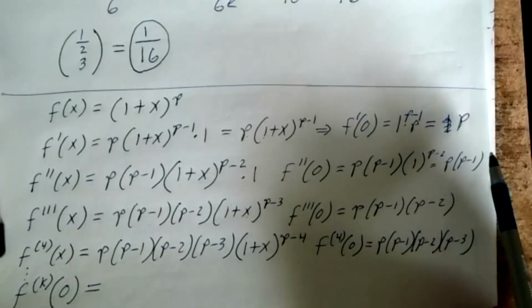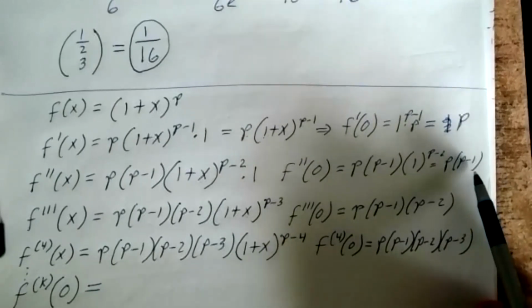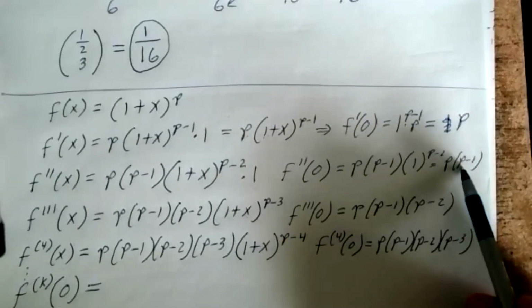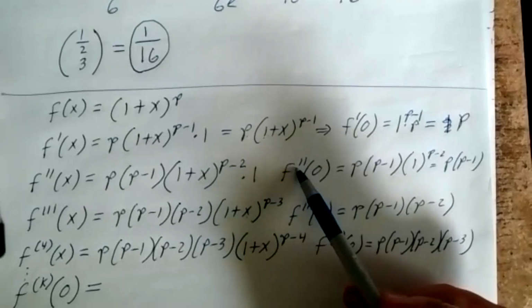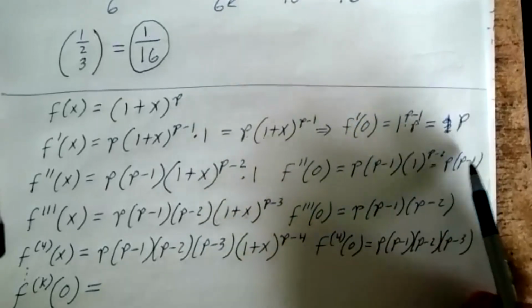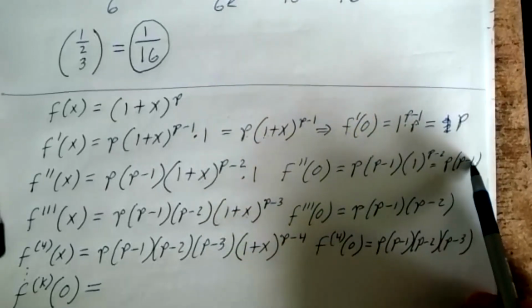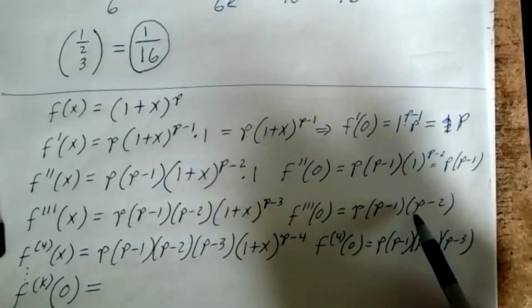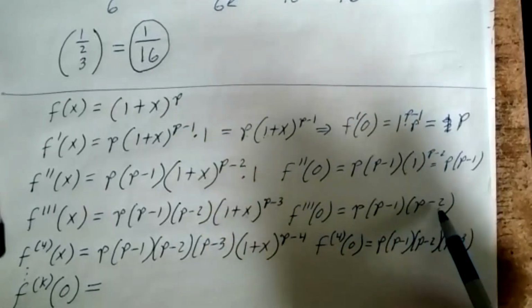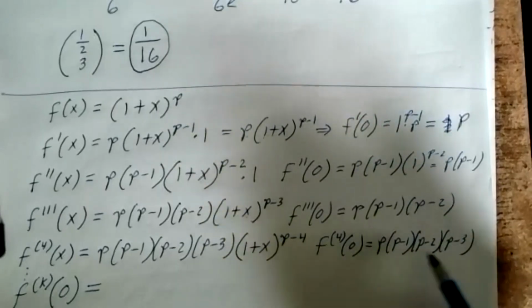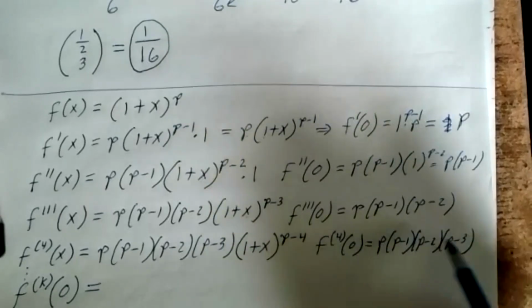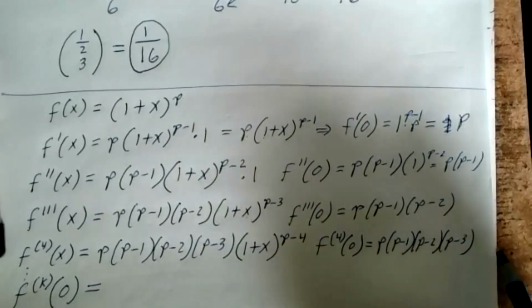So do you agree our last factor is always going to be p minus a number that's 1 less than the derivative? So the second derivative, we got p minus 2 minus 1 or 1. Third derivative, p minus 3 minus 1 or p minus 2. Fourth derivative, we have p minus 4 minus 1, which is 3.